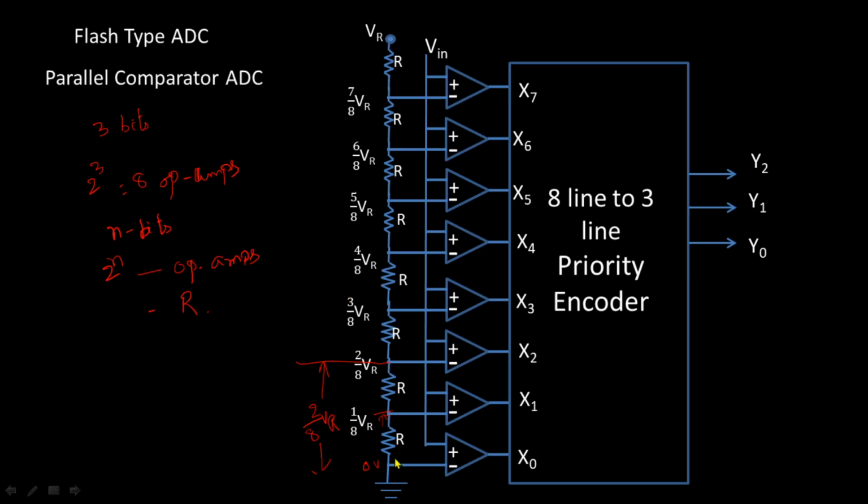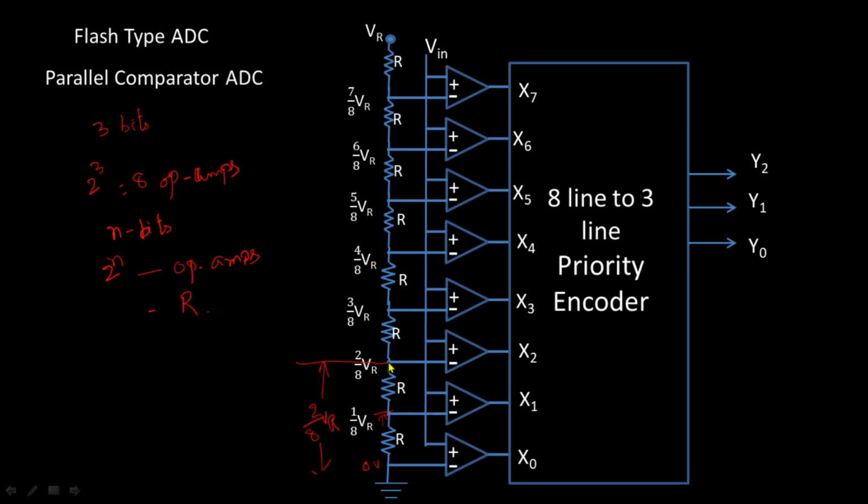Let us see the voltages at these nodes. At this node, that is at the ground, it is 0 volts. That 0 volts reference voltage is connected to the negative terminal of this op amp. From the first resistor to the ground, the reference voltage is 1 by 8 VR, connected to the negative terminal of this op amp.